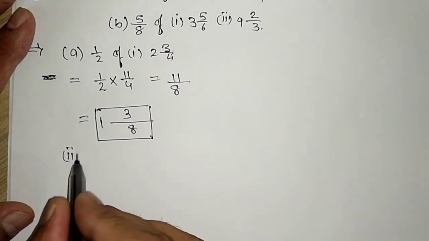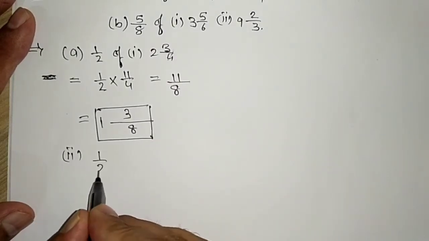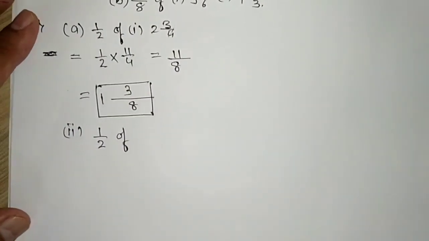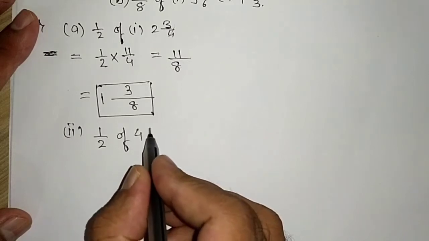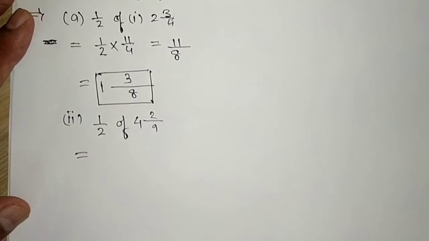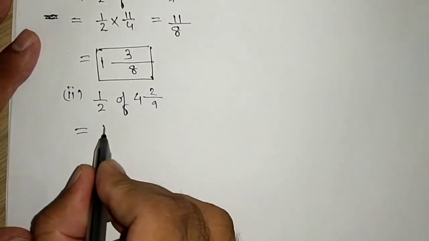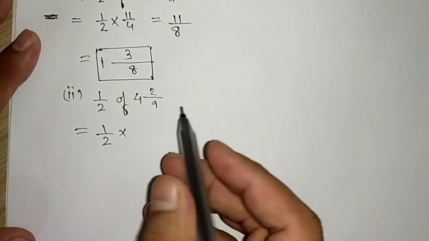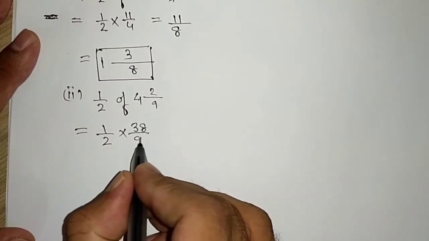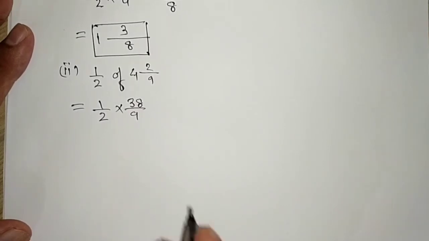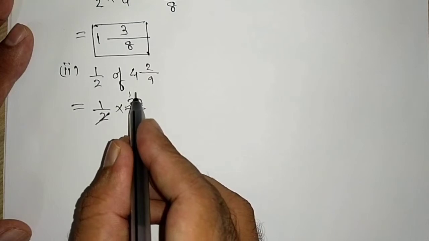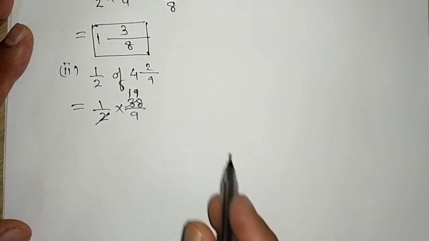Now the second part says half of 4 integer 2 by 9. Half of 4 integer 2 by 9. So we have to convert this into an improper fraction. So half multiplied by 9 4s are 36 plus 2 is 38 by 9. 2 can be cancelled out with 38. 2 1s are 2 and 2 19s are 38.